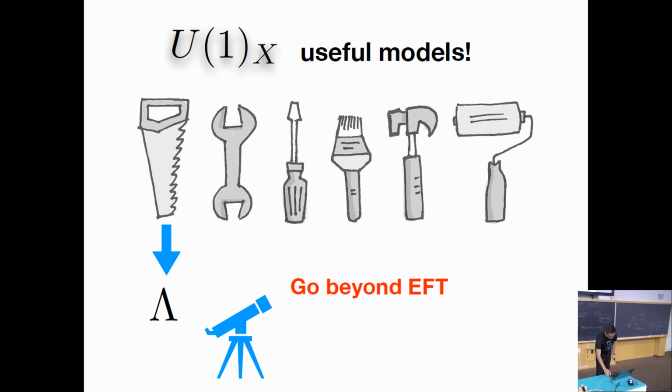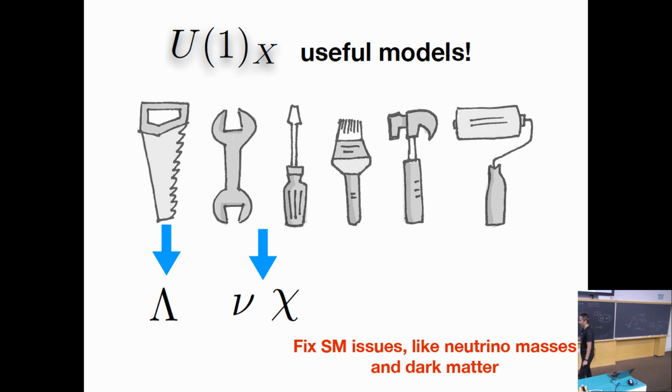Another thing is that we can solve a lot of different problems, such as neutrino masses, dark matter, and flavor problems, with just a few more ingredients, like one extra symmetry. So this is very useful in that sense.